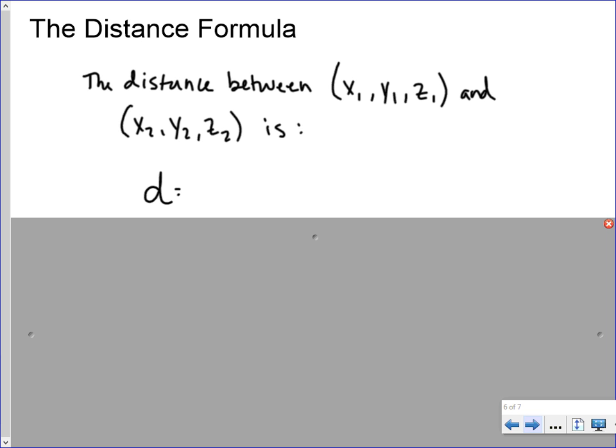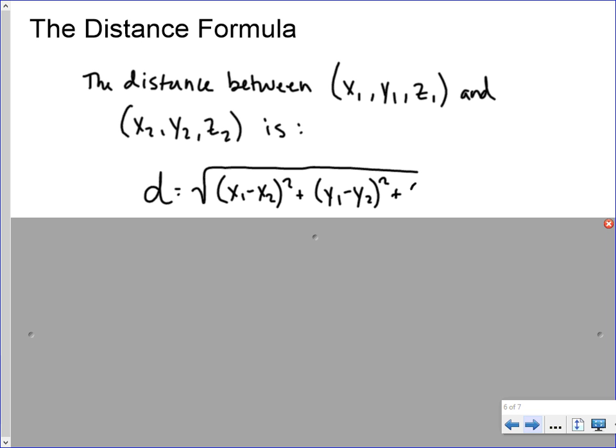So d equals the square root of the difference of the x's squared plus the difference of the y's squared plus the difference of the z's squared. So I would expect you guys to be pretty well versed in the distance formula and not have much issues with it. You've just got to do an extra little step for the z's. As always, if your radical can be simplified, you should simplify it into simplest radical form, not a decimal.